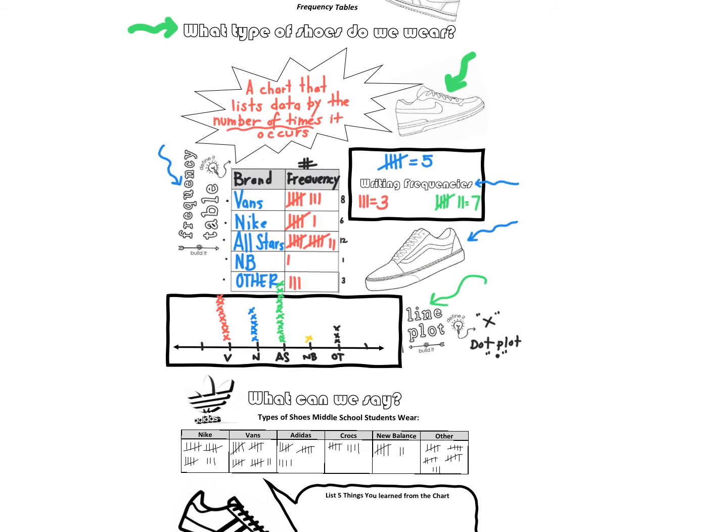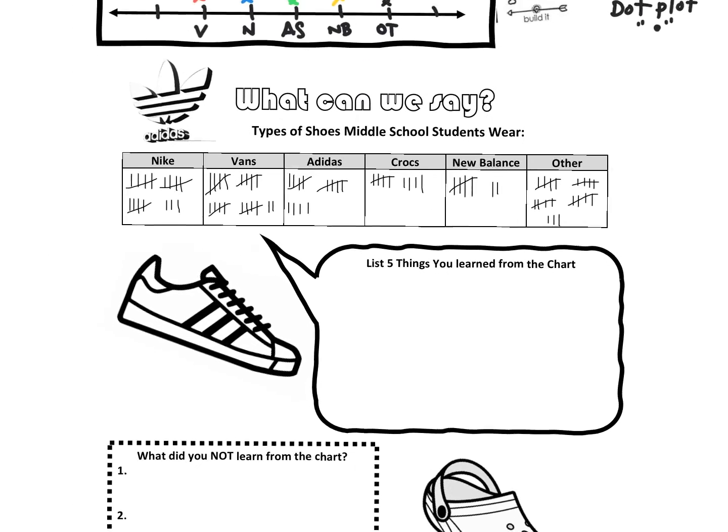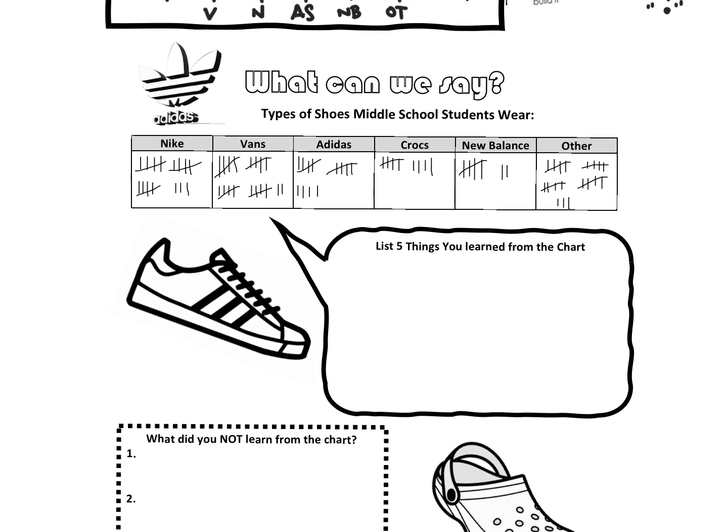All right, you guys, so on the back of your paper, I want you to do some more coloring in as you work, but I want you guys to go ahead and look at our tally mark chart, right? Otherwise called a frequency table. You're going to be looking at this right here, and you notice this time it is not going up and down, it's going side to side.